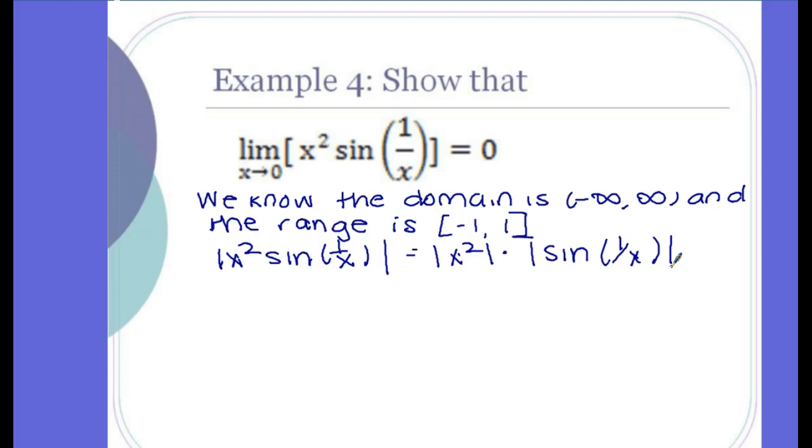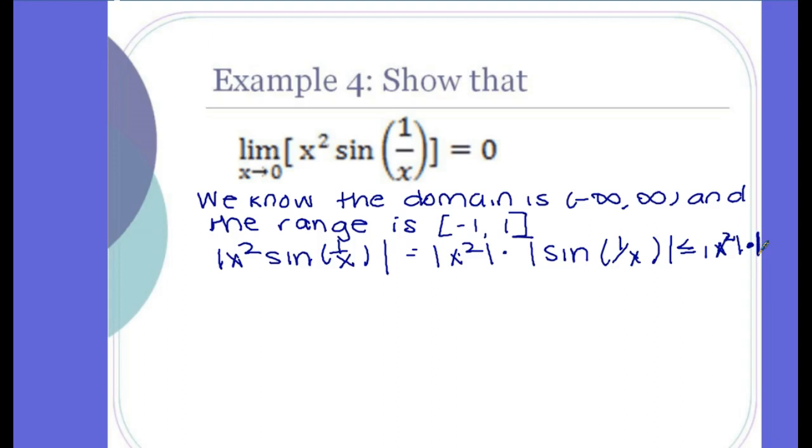And then we're going to say that this has to be less than or equal to the absolute value of x squared times what is the largest value for the range of sine? 1. So instead of looking at the absolute value of this, we say the largest possible point is 1.